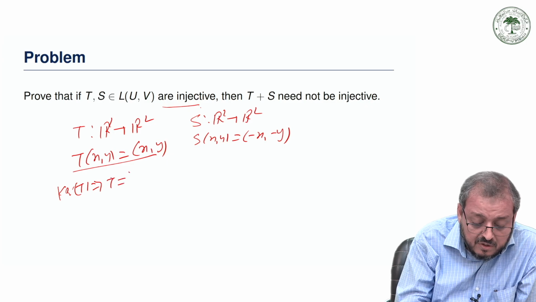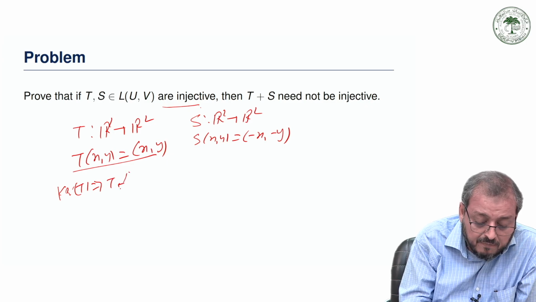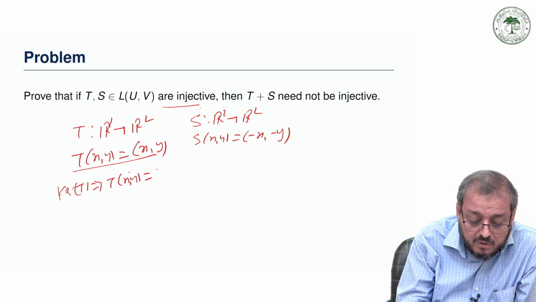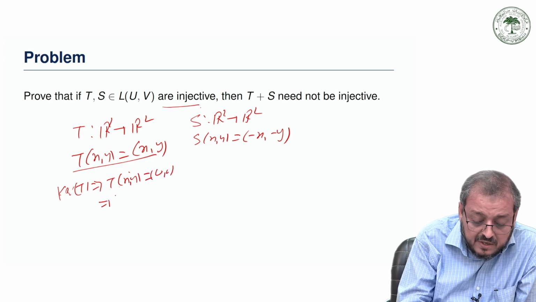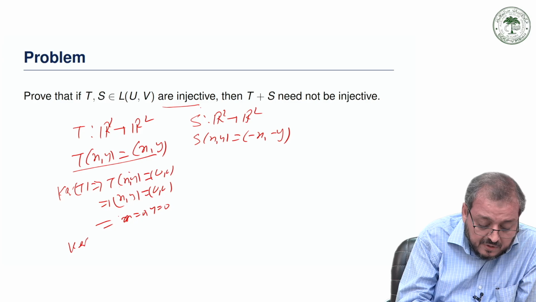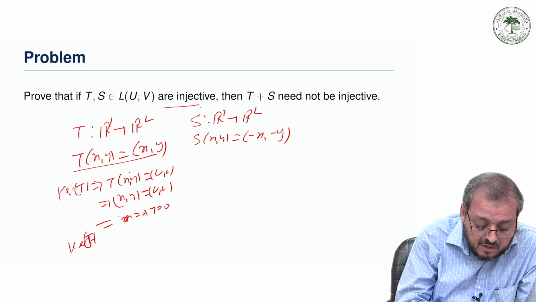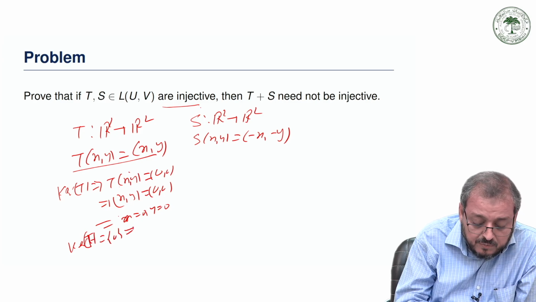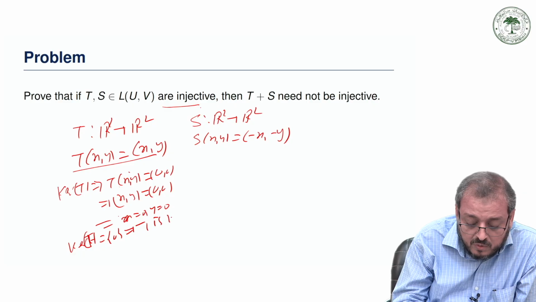T of (x, y) equal to (0, 0) implies that x is equal to 0 and y is equal to 0. This implies that the kernel of T is nothing but the zero subspace, which means T is one-one.